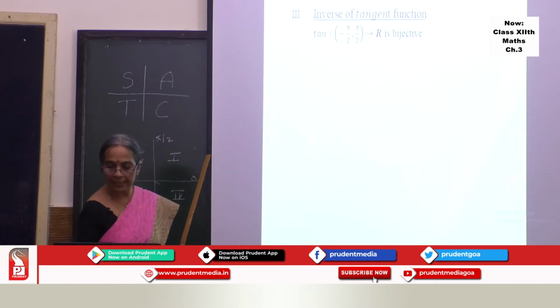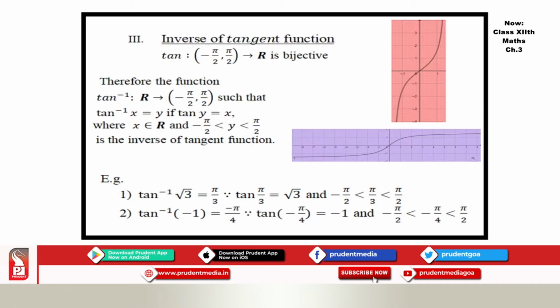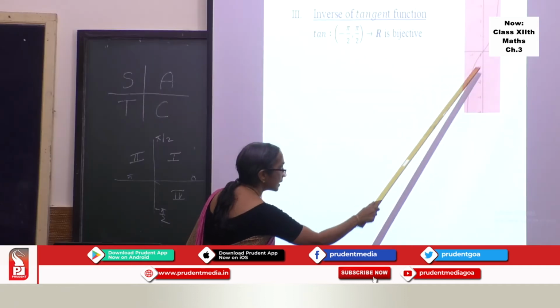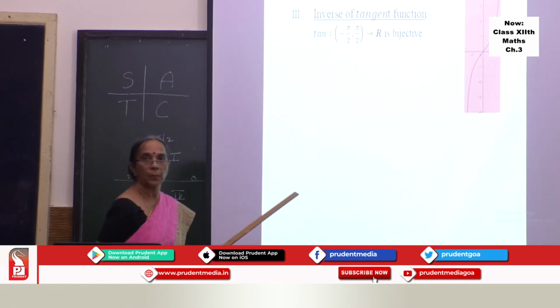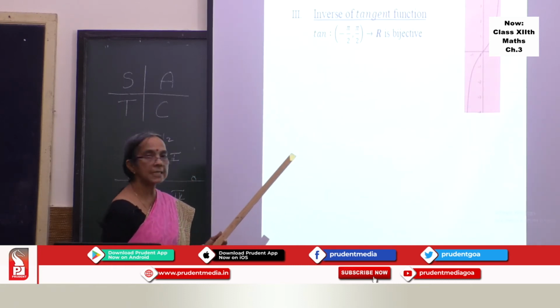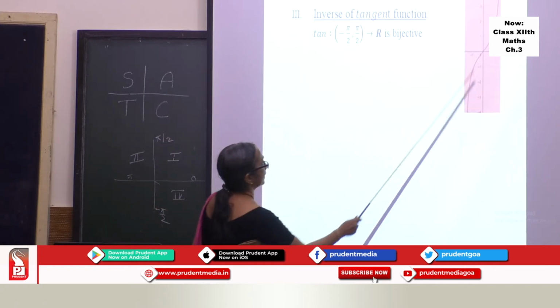Now the function is bijective. Let us see what the graph of this function is. The graph of this function is like this. It is not ending here or here, it is continuing, because the codomain or range is the set of real numbers. So it is not the end.